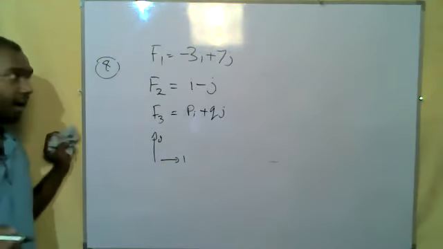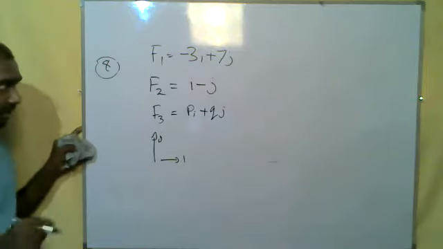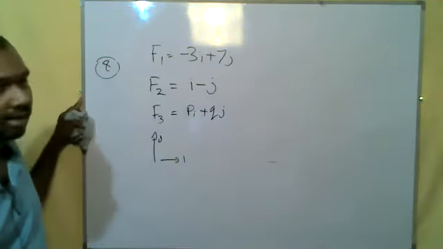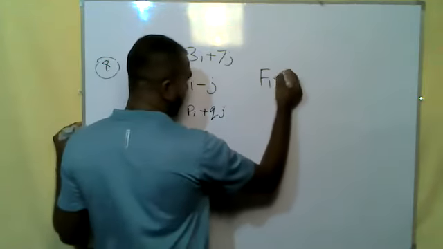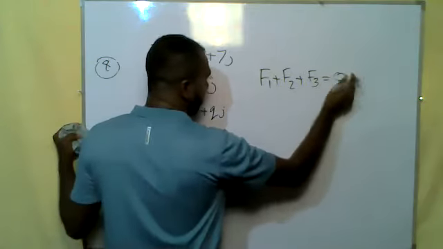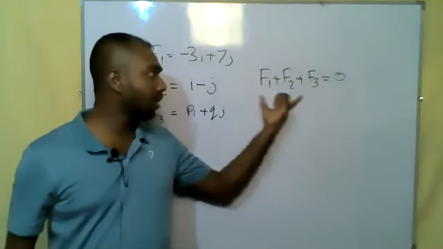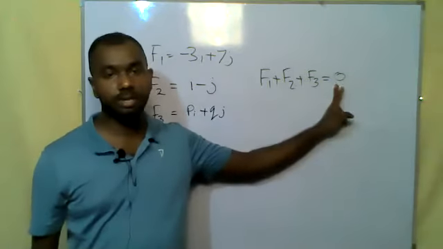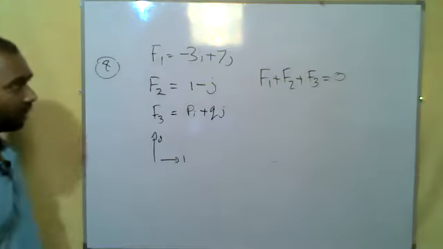If you are not understanding that part, now try to catch it. That is the most important thing. So what is the theory when this object is in equilibrium? When we add these forces, F1 plus F2 plus F3, the total result should be equal to 0.